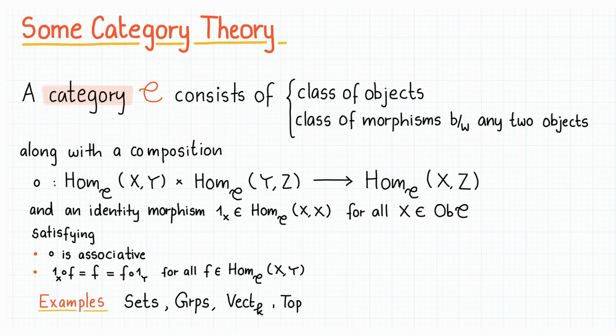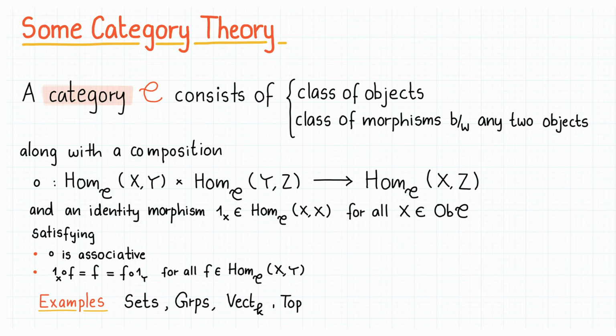And these should satisfy some very bare minimum properties, like the composition should be associative, and the identity should be the identity for the composition. So this gives you what we call a category.